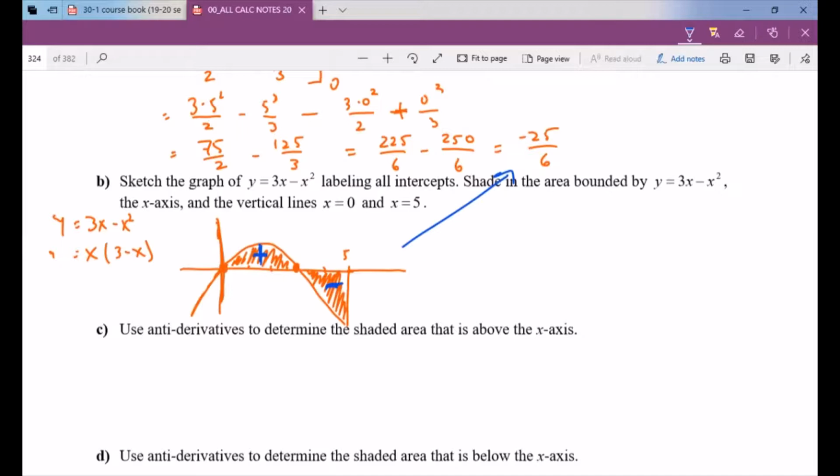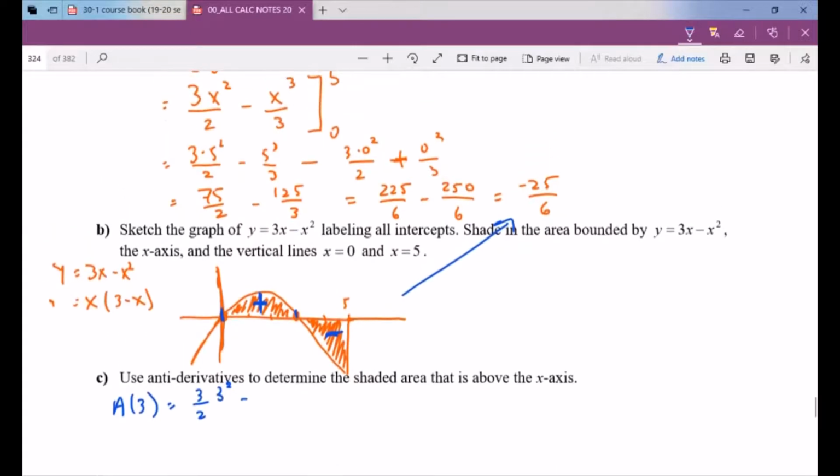So if we take what we could call A3, the part from 0 to 3, it ends up being 3 halves times 3 squared minus, we had x cubed over 3, so 3 cubed over 3, and then of course subtract zero, which will end up being 0.